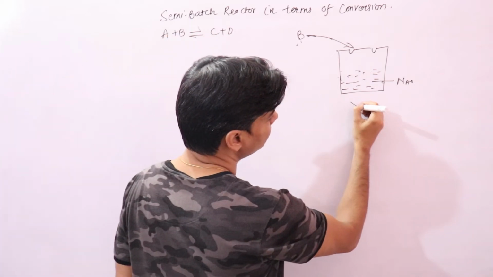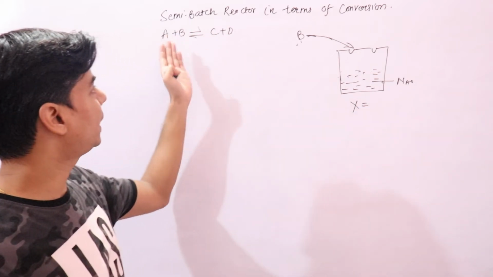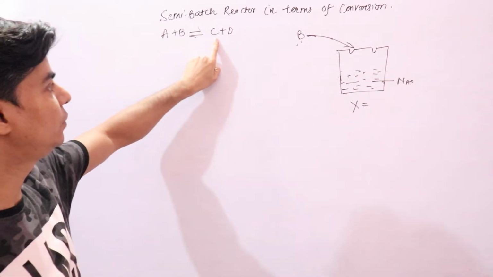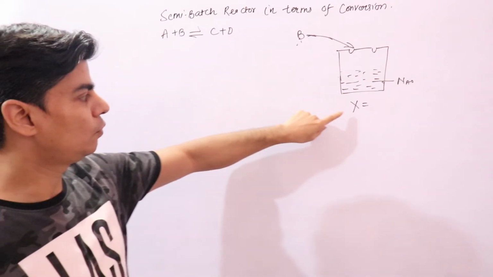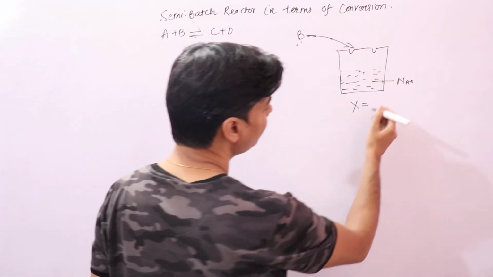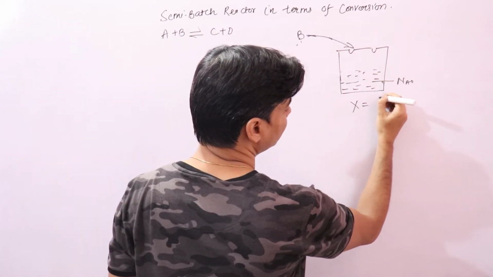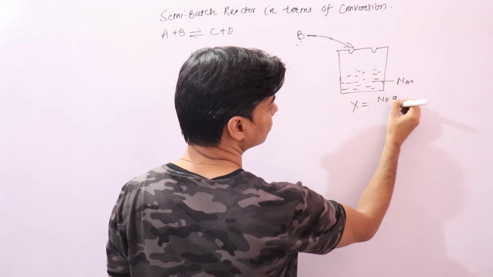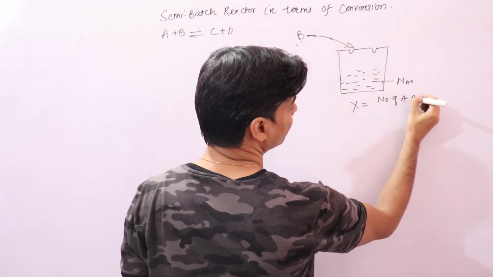Now conversion, let's say X for A reacting with B to give you C and D, right? If you want to find conversion, that means how much of A has reacted, it would be the number of moles of A reacted.